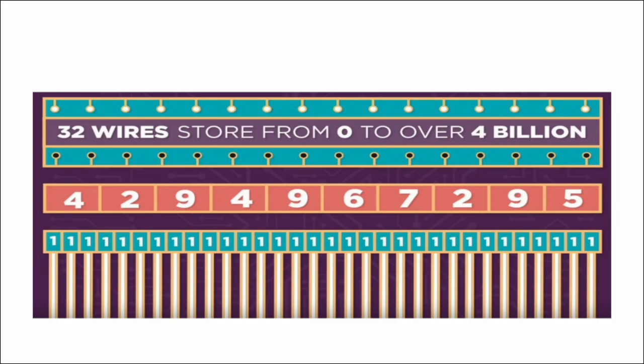So this 32 wires is 4 bytes. Now, if I want to represent even one number larger than this, I have to add one more byte. I can't add a bit, I have to add a byte. So minimum 5 bytes I need.